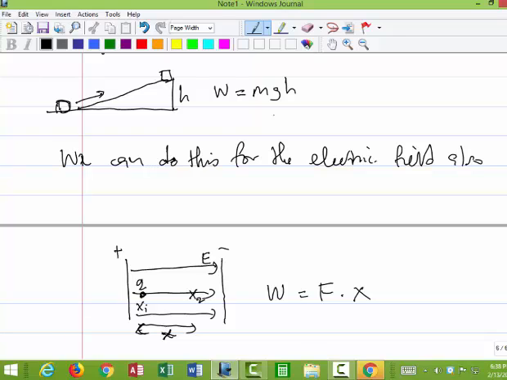Work done is F times x, where F is equal to the charge q times the electric field E. So the work done is equal to qEx, just like that.